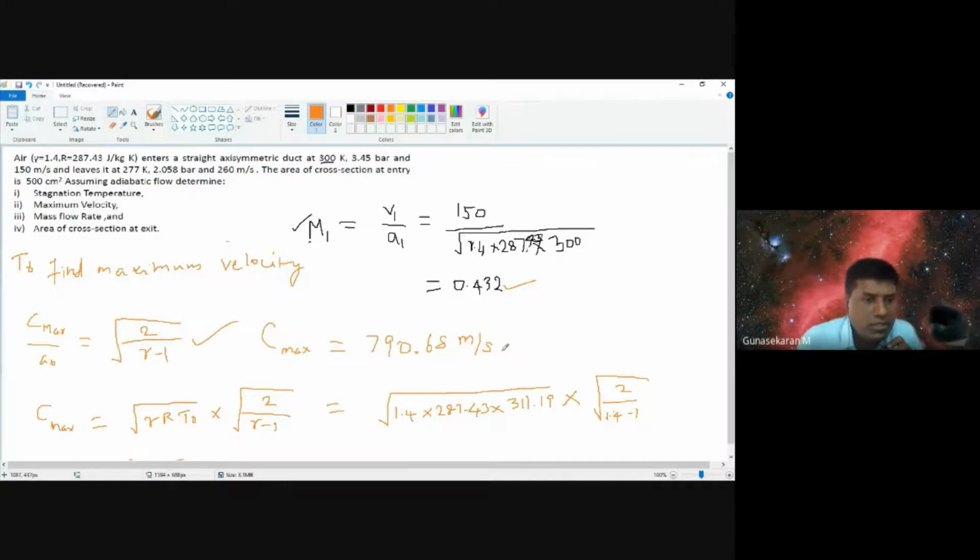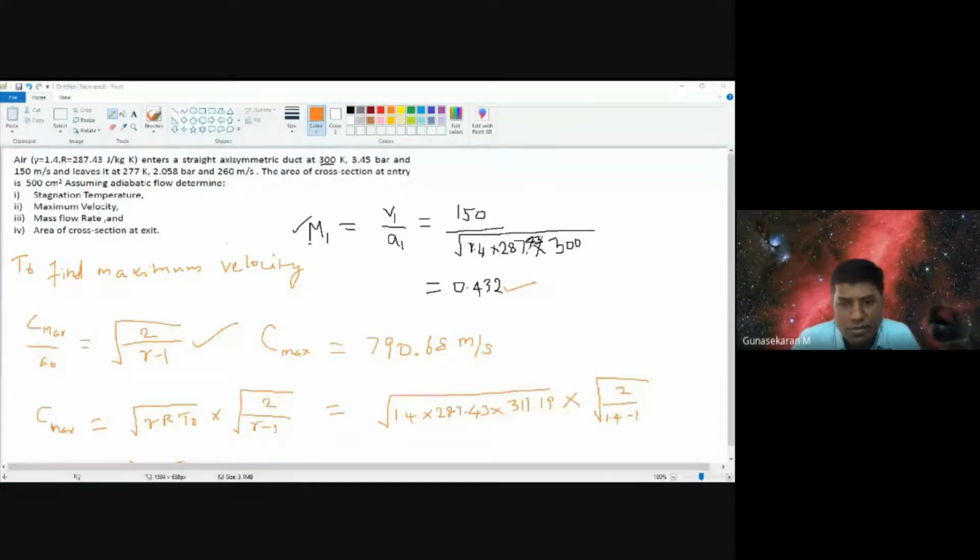The third one is nothing but the mass flow rate. So we have to find out the mass flow rate. We know the mass flow rate formula. If anyone knows it, let me know. What is the mass flow rate formula?